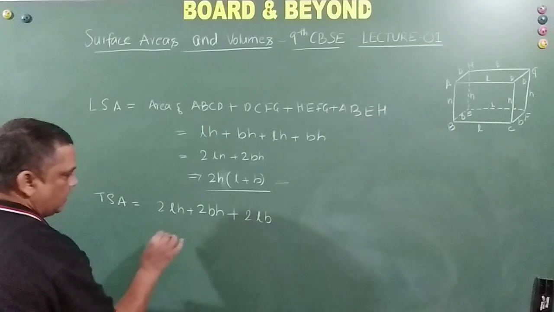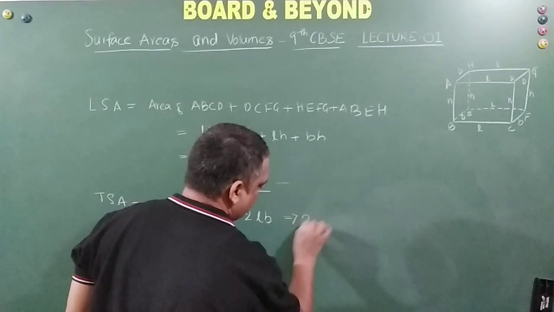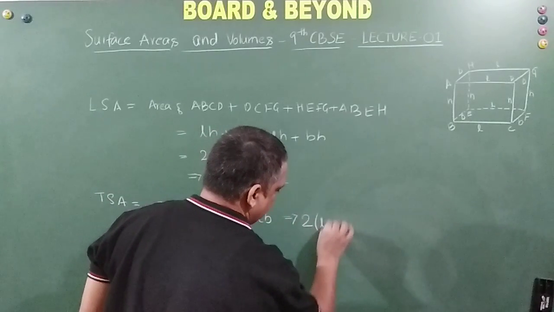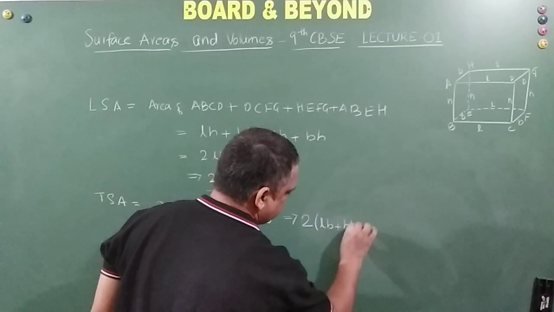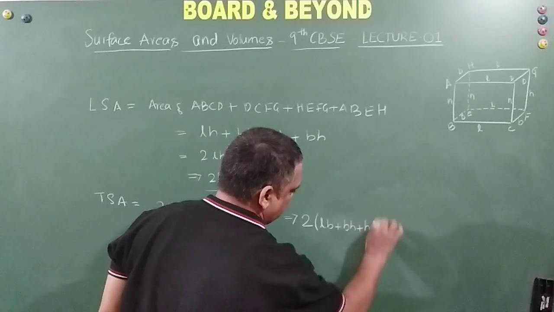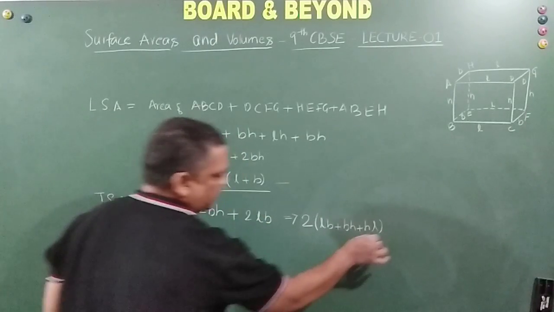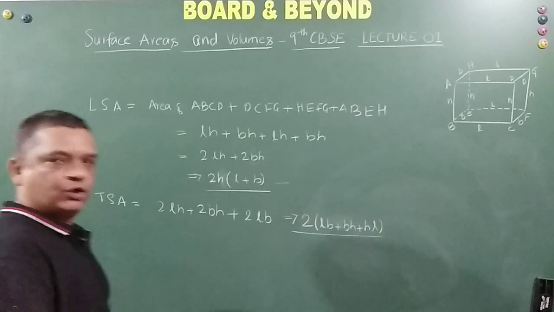Right, friends? Now this gives me 2 into LB plus BH plus HL. So this is the total surface area of a cuboid.